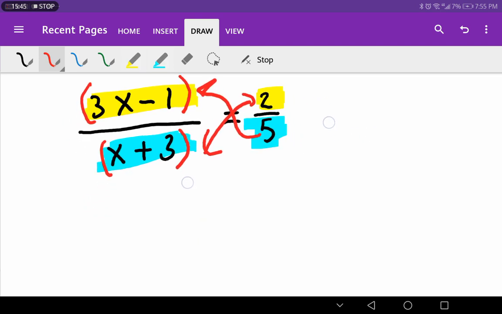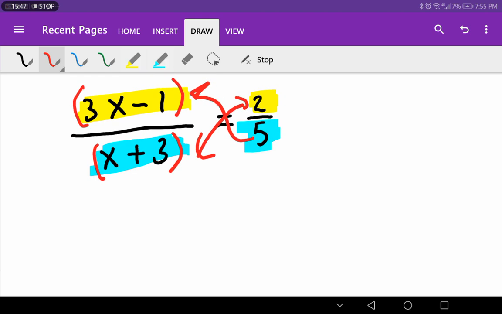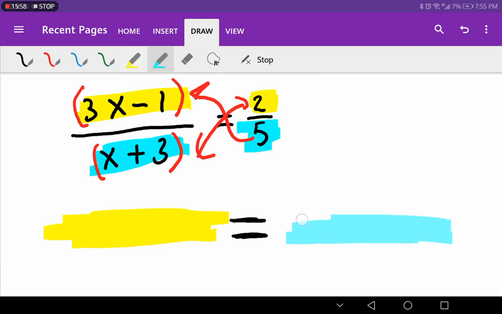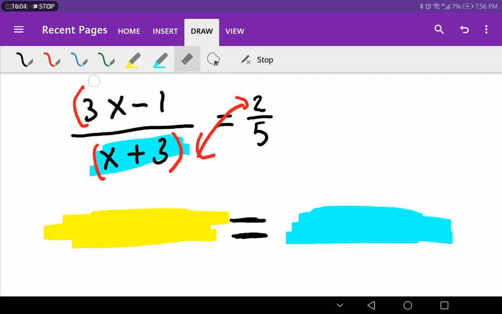The first step, my dear student, I like you to draw equal in the middle. Okay, and determine the left side and prepare the right side too, and find the first one. I will start, my dear student, with multiply 2 by x and 3.